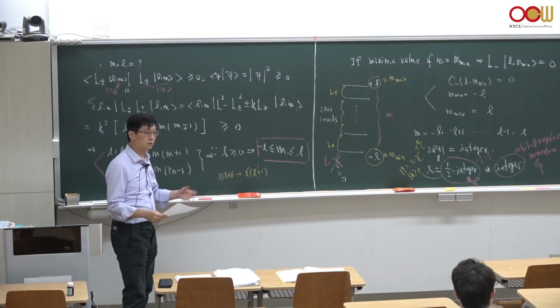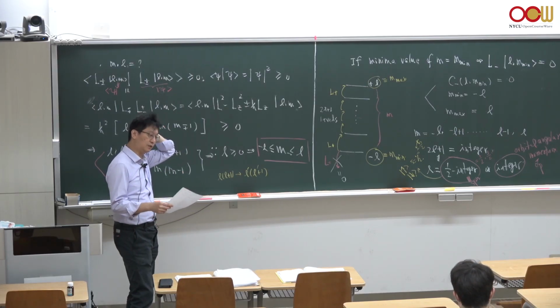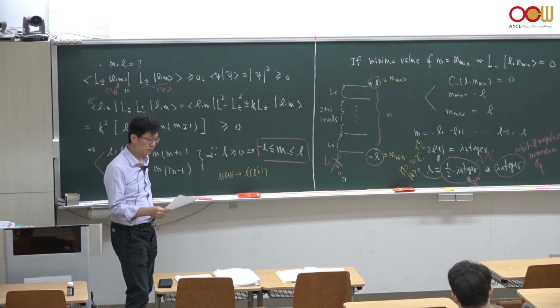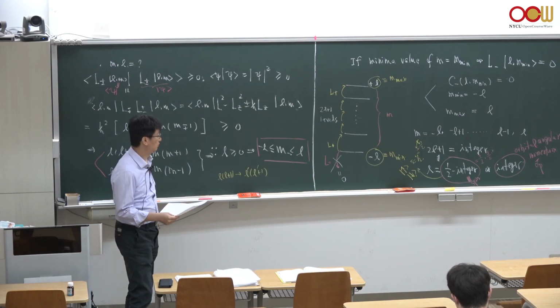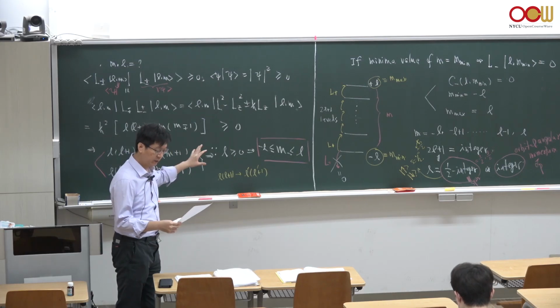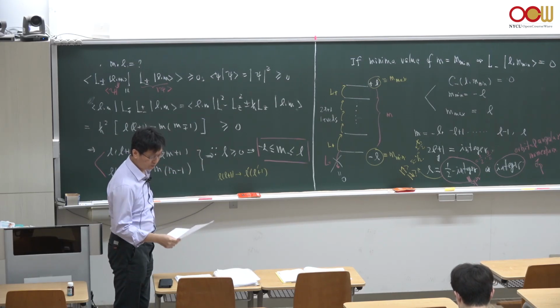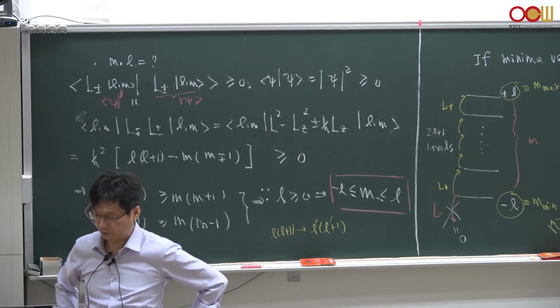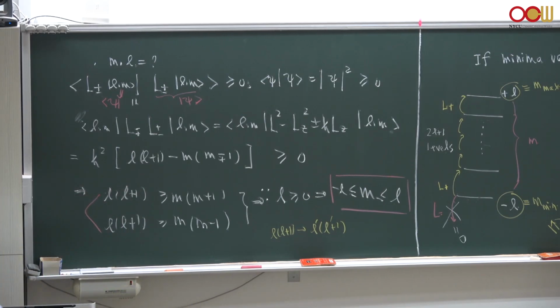In other words, we need to rewrite this angular momentum operator in the spherical variables, such as the radius vector r, theta, and phi. So let's take a short break, and when we come back, we will write down the expression for the angular momentum operator in spherical variables.